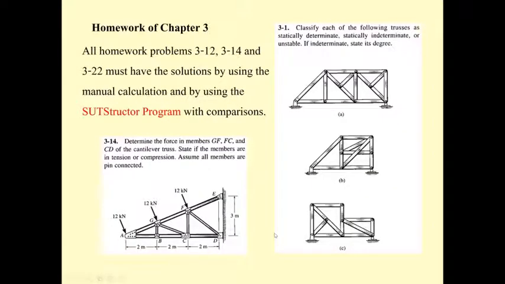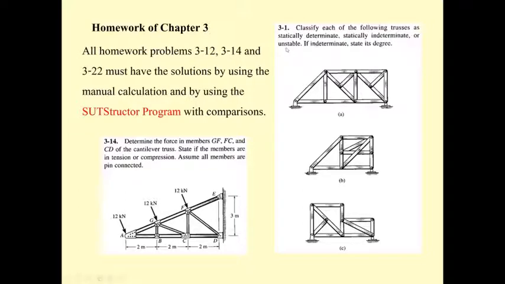Okay, next. Before we go further, let's talk about the homework of this chapter 3. Based on the learning objective, the homework of chapter 3 will contain 2 parts. The first part is going to ask you to classify each of the following trusses as statically determinate, statically indeterminate, or unstable.